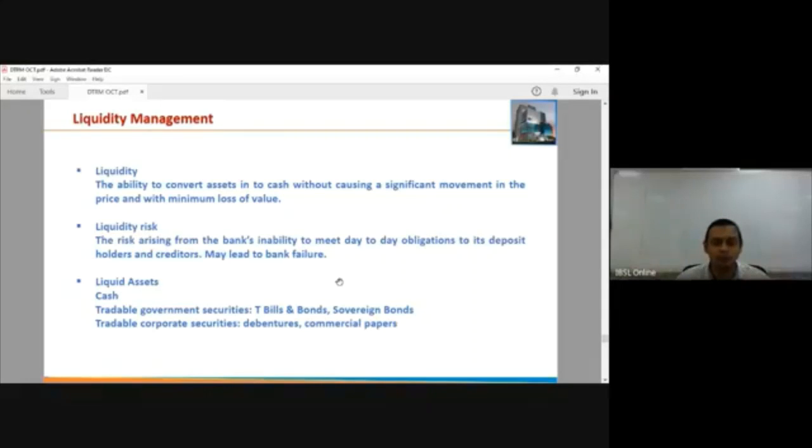If all the people come and ask for money today, you can't recover your loans today to pay them. Then naturally the bank will fall into trouble, and it may ultimately lead to a run on the bank, right? A run on the bank will cause bank failure. So liquidity risk is the most severe risk in the banking business.